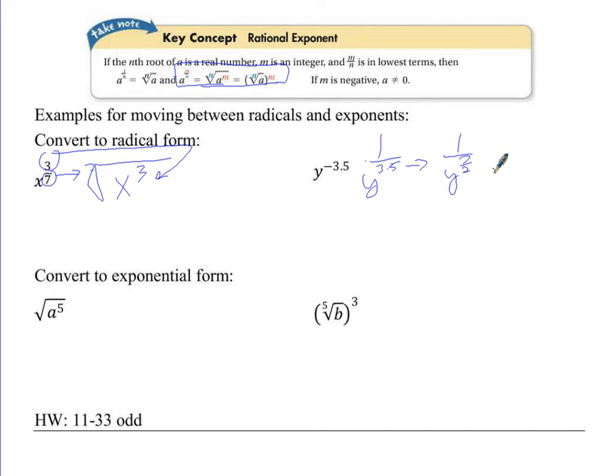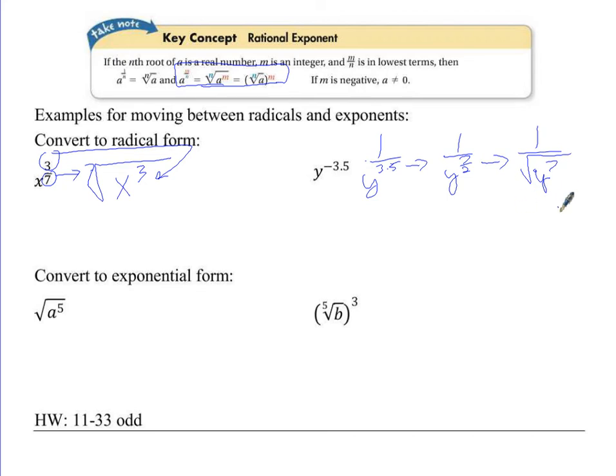Eventually we are going to have to simplify, but it's asking us to convert to radical form. So we want to do what we did here. 1 over, that is the second root, so the square root of y to the 7th power. We should see two things here that are wrong with what we have right now. With this square root and this exponent right here, this can be simplified.